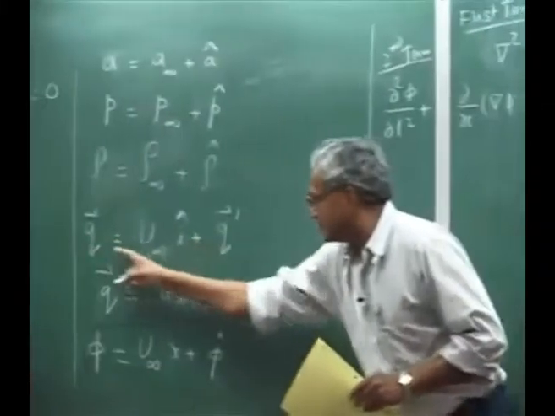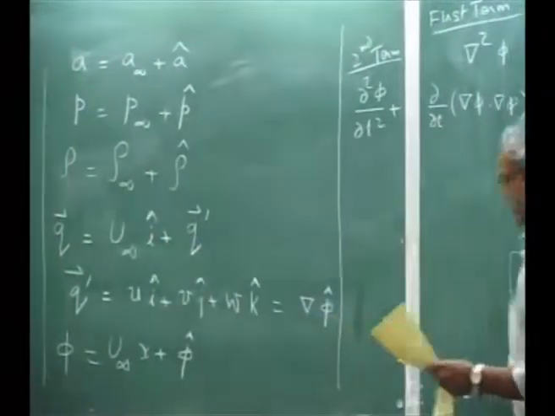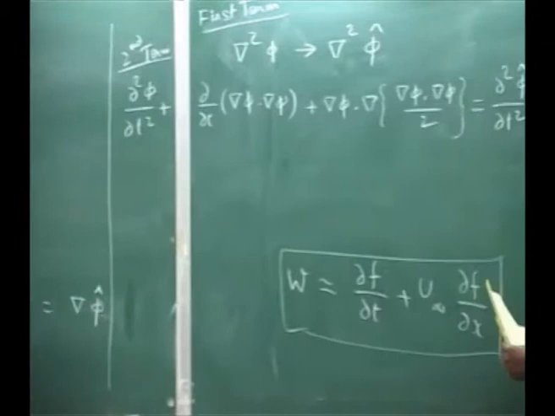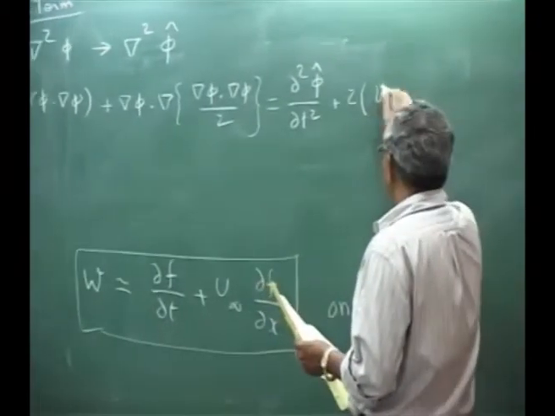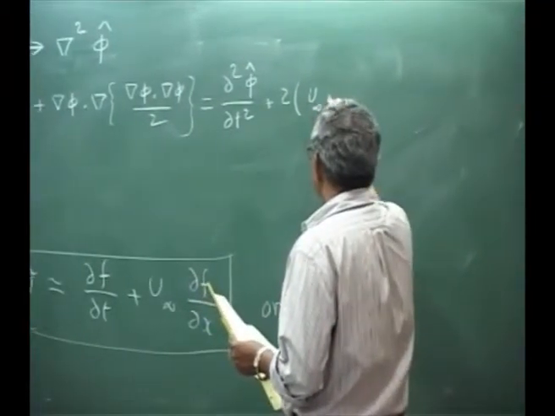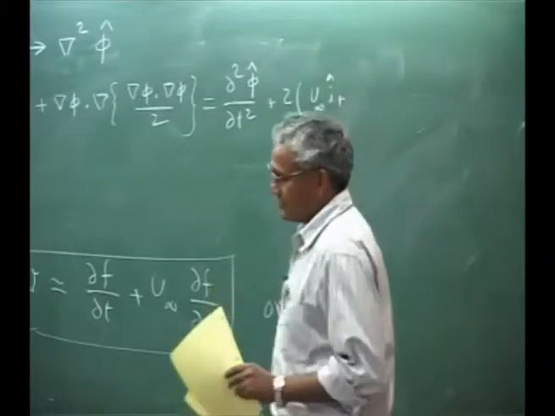Q is given here. So I can write it as 2 u infinity I plus this q prime.